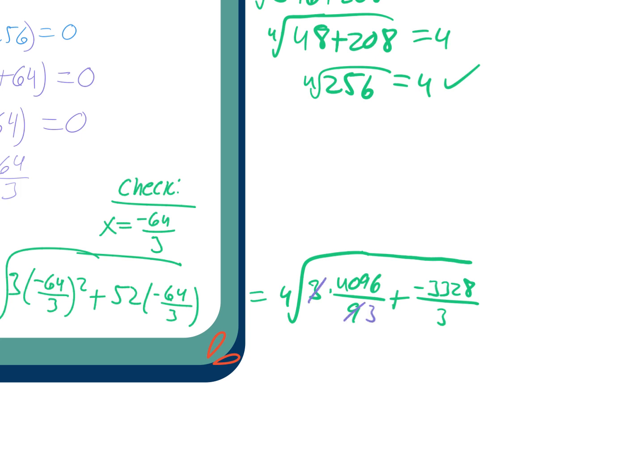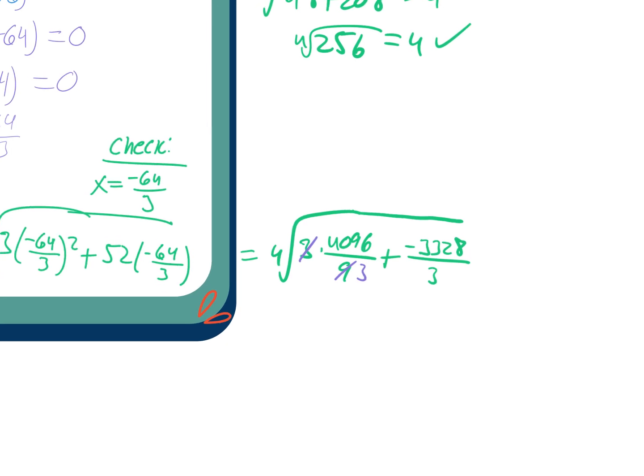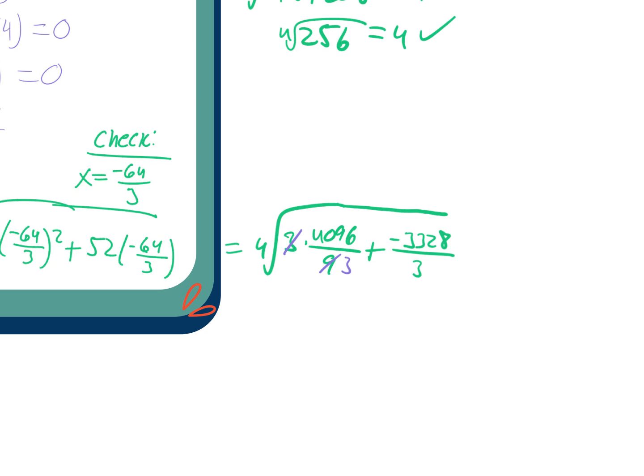So we get 4096 over 3 plus negative 3,328 over 3. All right, and let's see what this gets us. So 4,096 minus 3,328 should just get us 768, right, over 3.